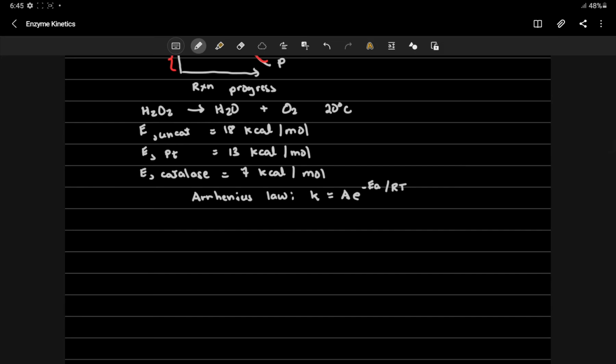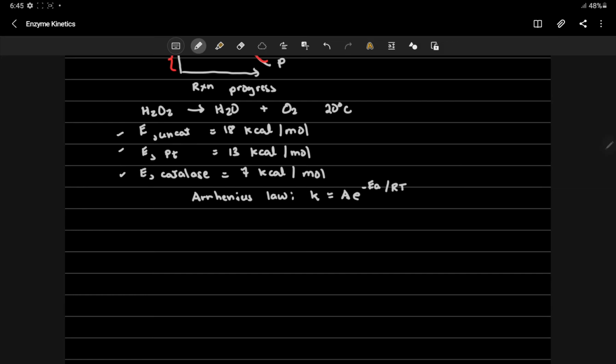Ang sinasabi lang ng law na to is that may relationship si K, or reaction constant, kay temperature. And if we're going to check the equation, ang sinasabi dyan, habang tumataas sa temperature, basically, tumataas din yung rate constant. Alright?